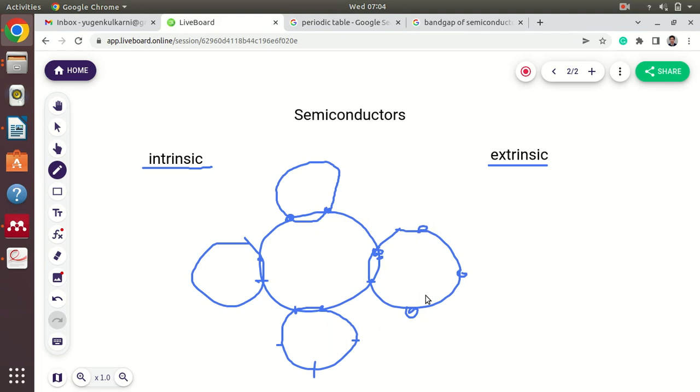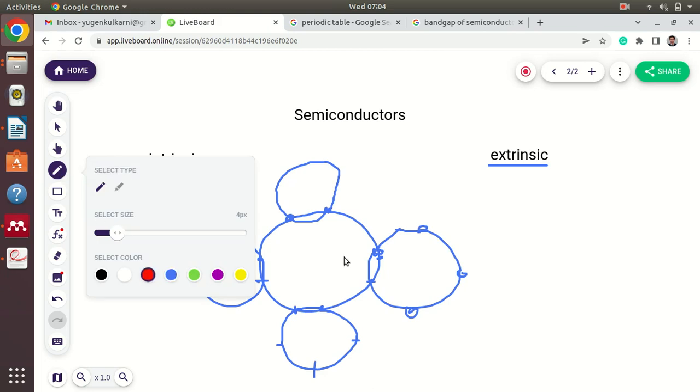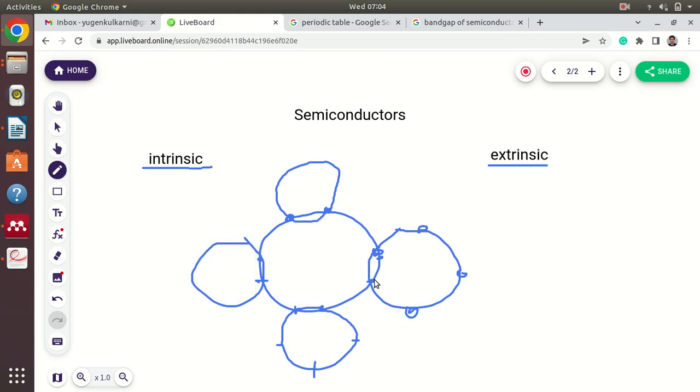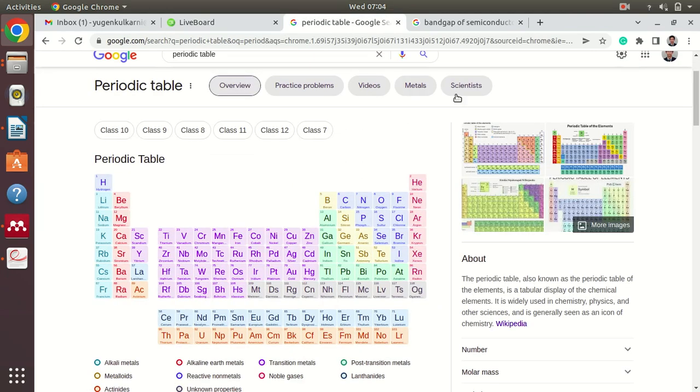Doping means inserting another element into the structure. So I will draw with a different color, let's say this. Suppose I have added phosphorus, which has 5 electrons in the outermost orbit.